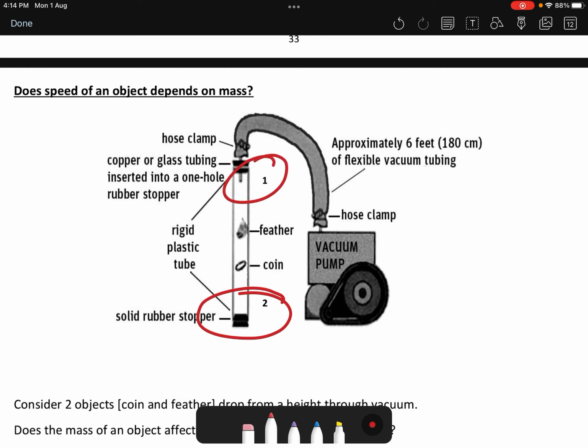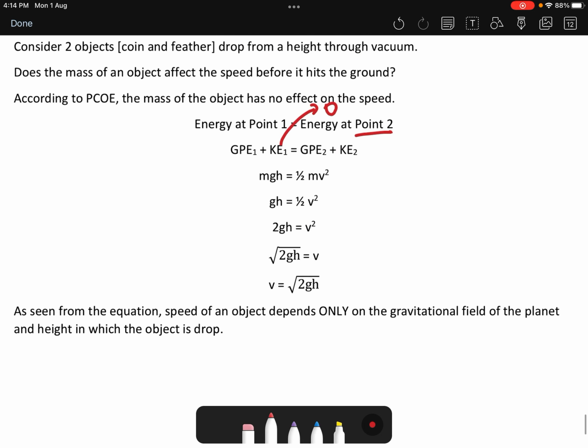So at point 1 it is GPE, and before you hit the ground or the rubber stopper it is KE, and GPE2 is equal to 0. If I put mgh equal to half mv squared, the m can cancel away, so gh equals half v squared. Then times 2 on both sides, v squared equals 2gh. So v is equal to the square root of 2gh.